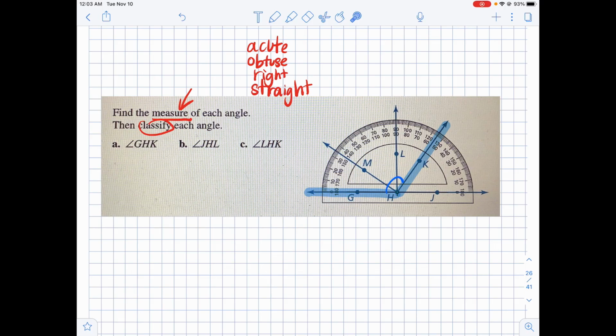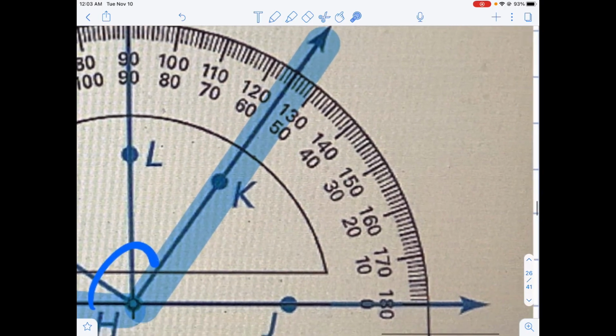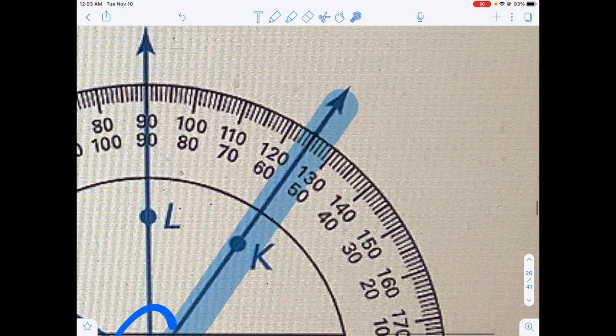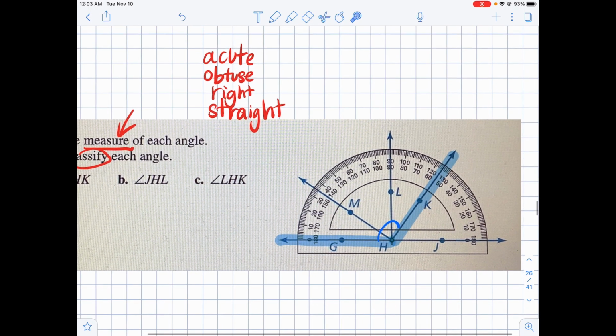Now, I can notice if I zoom in a little more, it's not at 120. It's technically in between 120 and 130, so maybe it's 125, but just to make sure, I'm going to count how many little tick marks are in between. So we're talking about 1, 2, 3, 4, and 5. Yes, so that is 125.